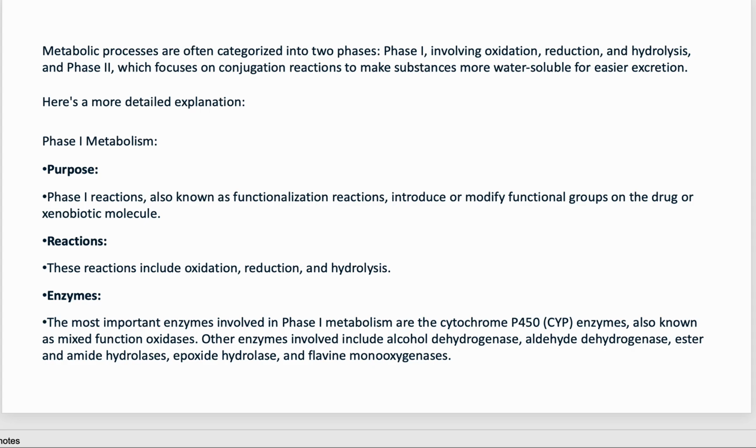The most important part of phase 1 metabolism is cytochrome P450, also known as mixed function oxidases. Other enzymes include alcohol dehydrogenases, because obviously there is reduction going on, hydrolases for hydrolysis, and monooxygenase for oxidation.